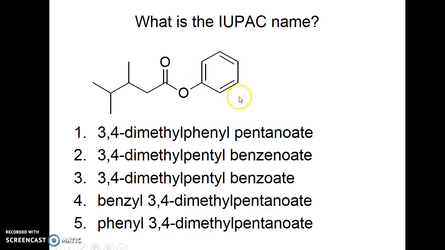Well, we've got this phenyl. Where is it going to be going? Well, that's a separate chain, the alcohol side, so it's got to go in front. So we're going to say phenyl 3,4-dimethyl pentanoate. Remember, benzyl has an extra methylene group in there. We would not say benzyl. So this is the correct answer.